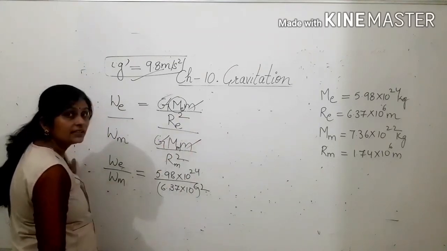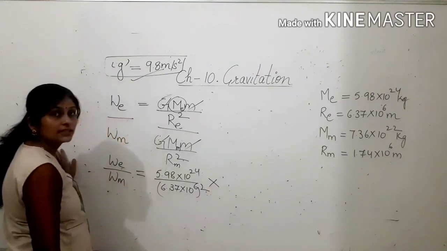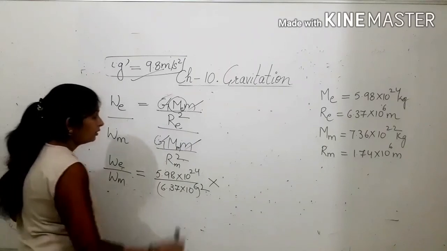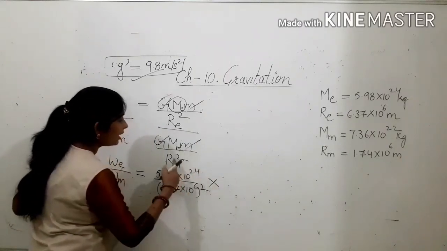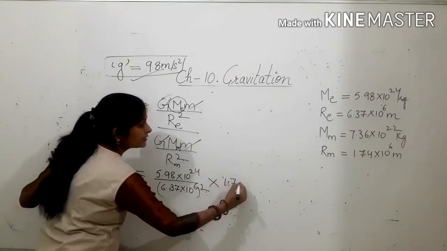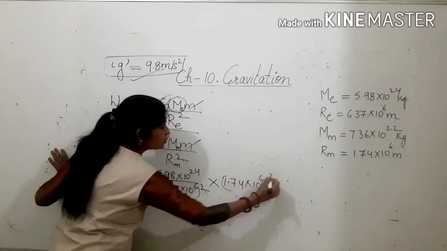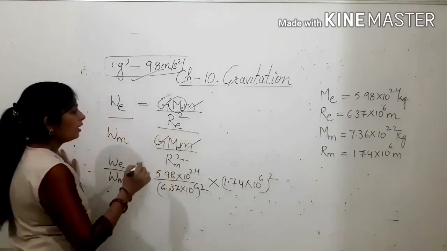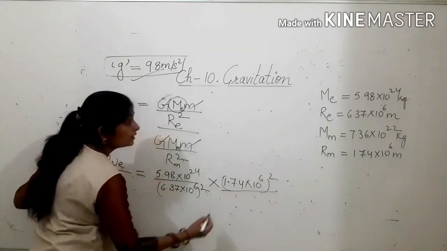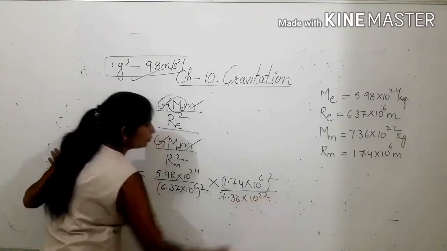Divided by, this divide sign is replaced with the sign of multiplication. Now reciprocate this, then Rm square, 1.74 into 10 to the power 6 square, upon mass of moon, that is 7.36 into 10 to the power 22.